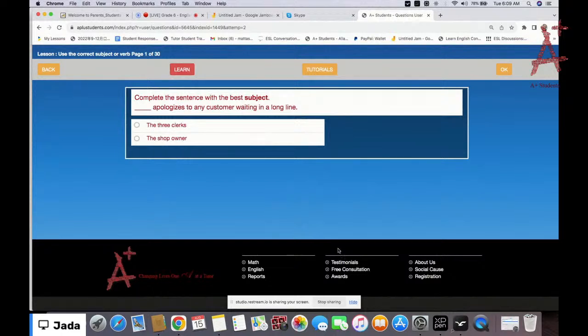The verb here is the one with the s. When it has an s, it shows that it's a singular verb, right? But then, what is going to be the subject? Is it going to be the three clerks or the shop owner?